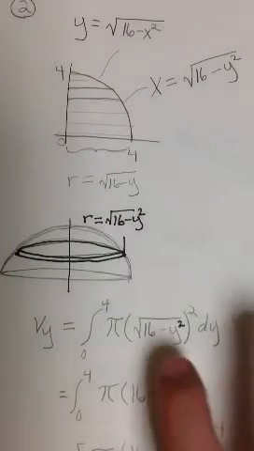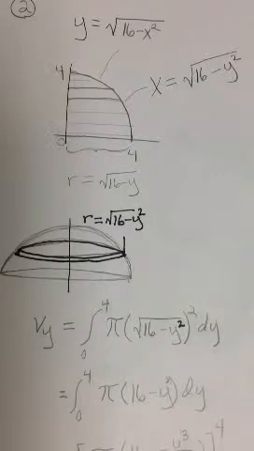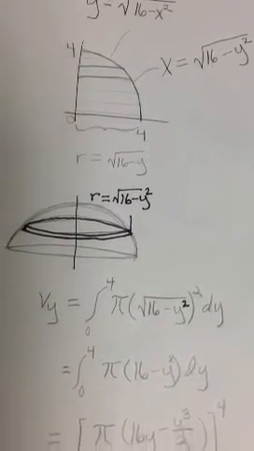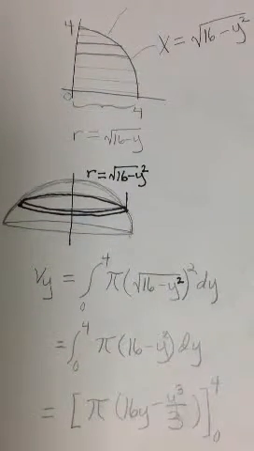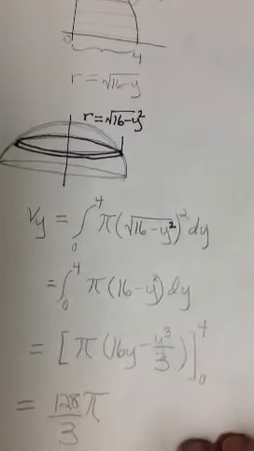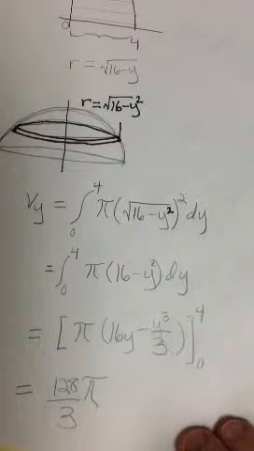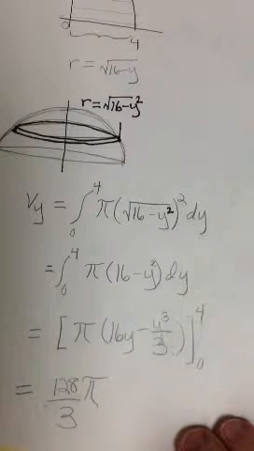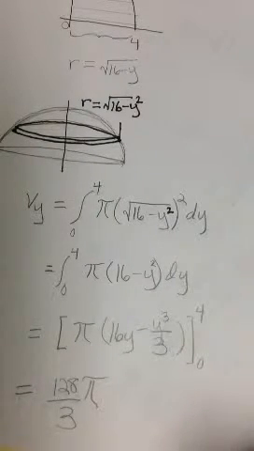And as we square out the radius, this will eliminate the radical, and so we have, going from 0 to 4, the integral of pi times the quantity of 16 minus y squared dy. In the follow through, if we take the power rule of integration, we now have pi times the quantity of 16y minus y cubed over 3 as y goes from 0 to 4.